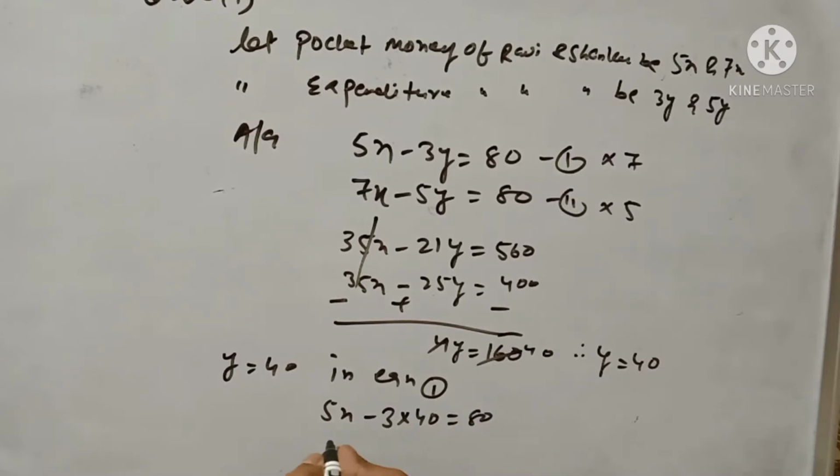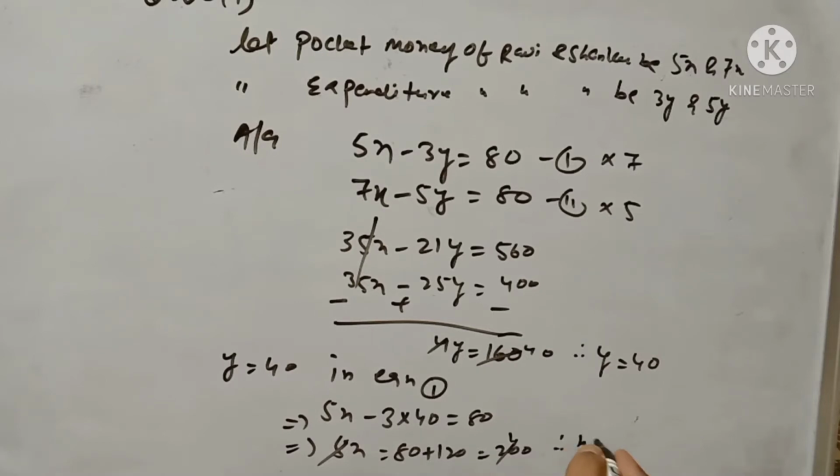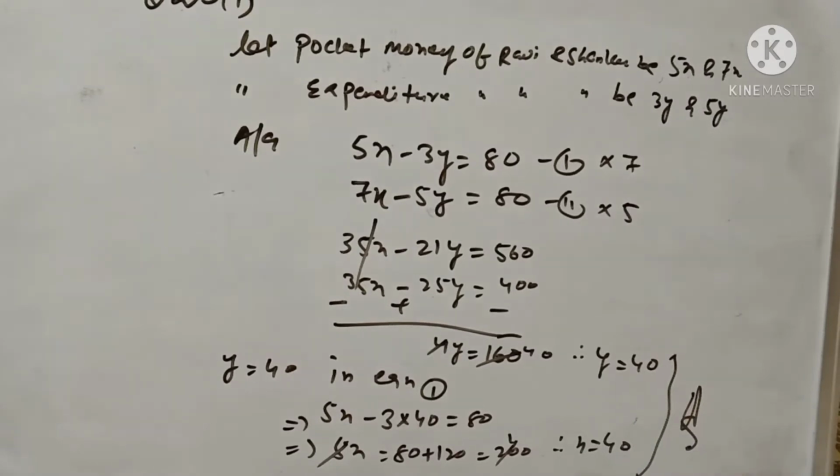So 5x is equal to 80 plus 120 equal to 200. Therefore x equal to also 40. The value of x and y remain the same.